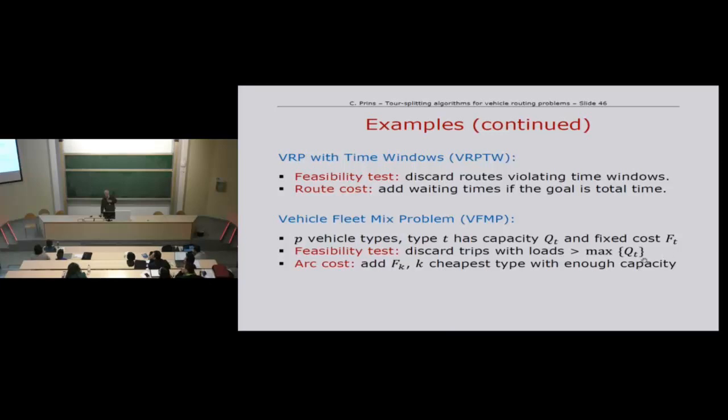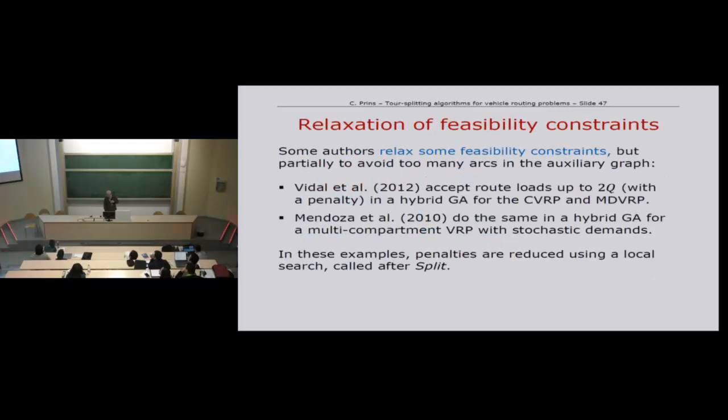For the feasibility test, of course, all the trips which are bigger than the biggest vehicle capacity, you can ignore them. And for the route cost, you have the cost of the route, but you have to add the cost of the vehicle. And as the number of vehicles of each type is not limited, you can always take the cheapest type with enough capacity for the subsequence, and so on.